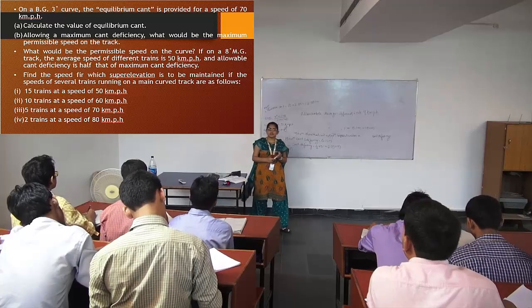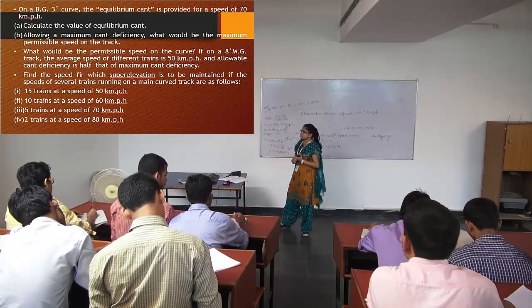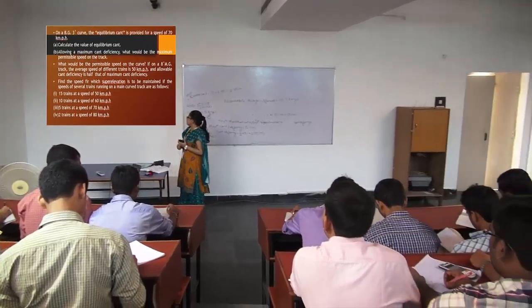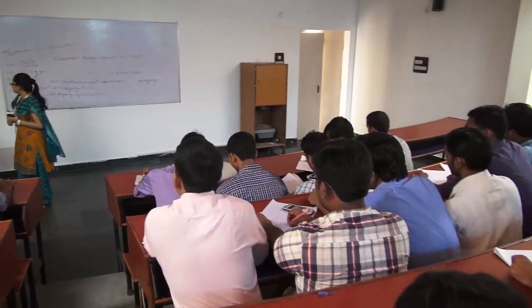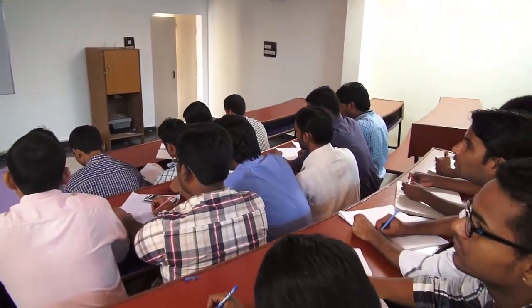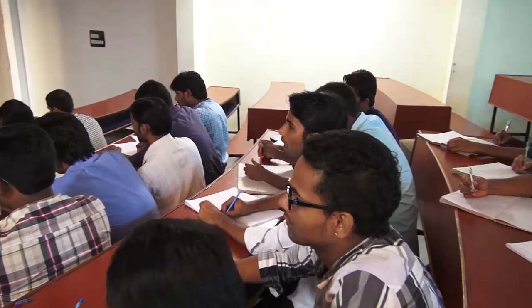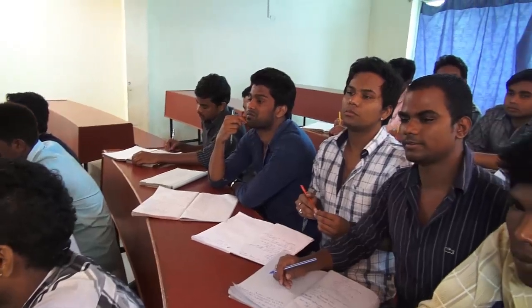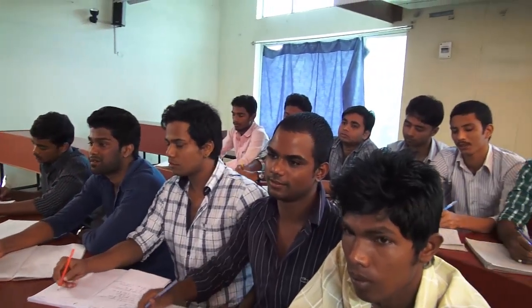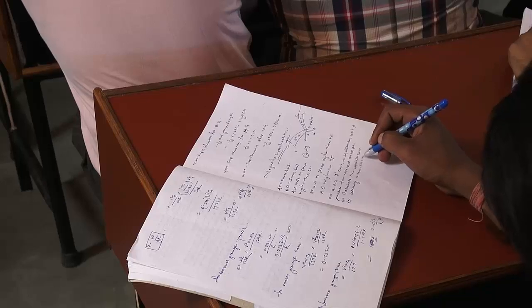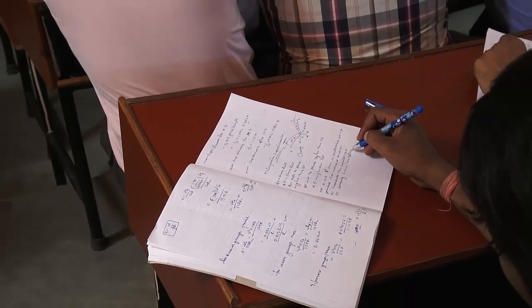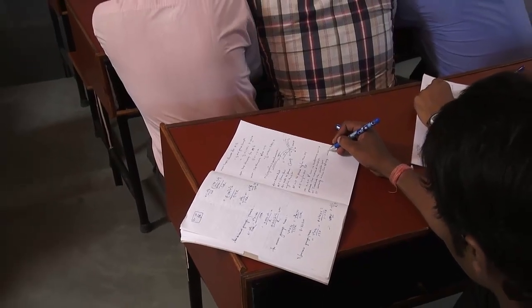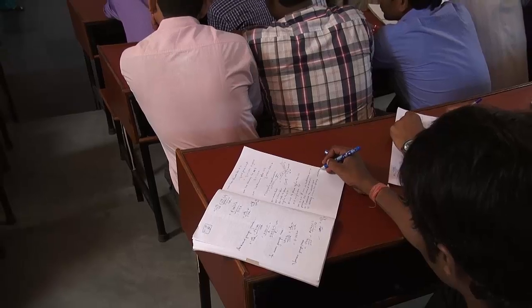Then 10 trains at a speed of 60 kmph. 5 trains at a speed of 70 kmph. 2 trains at a speed of 80 kmph. What is the equilibrium cant?